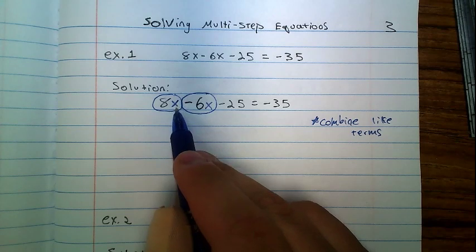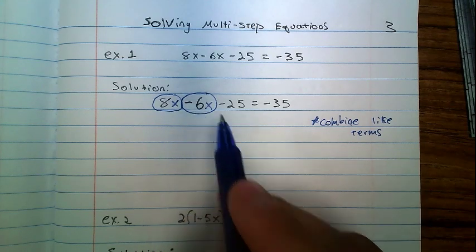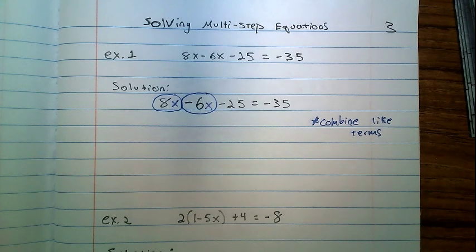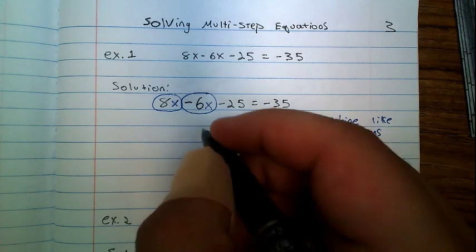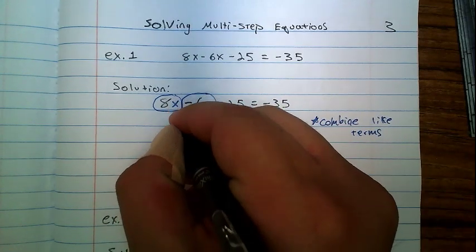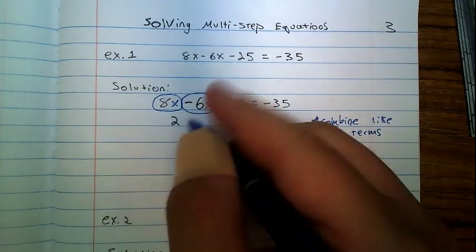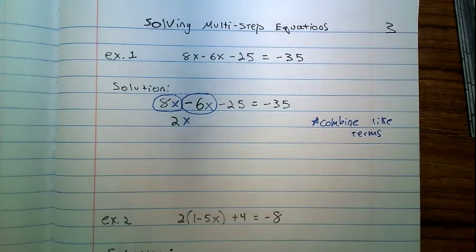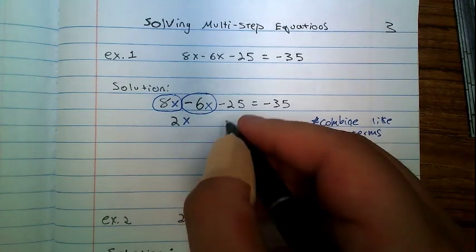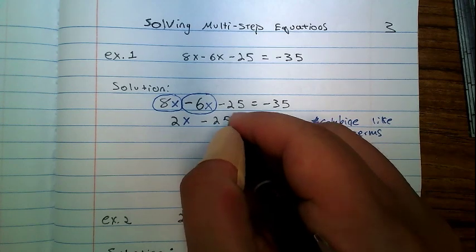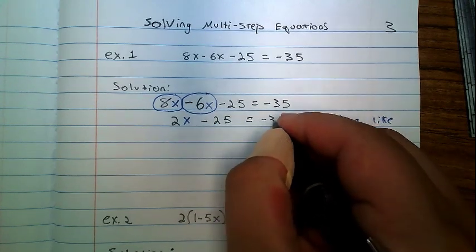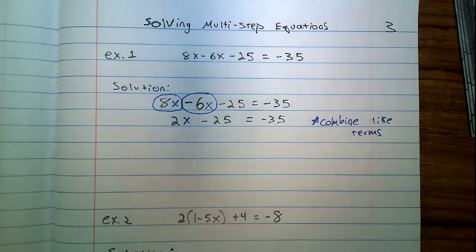So our first step was combining these two, 8x minus 6x, or 8x and negative 6x. That's going to leave us with a positive 2x minus 25 equals negative 35. So there's one step. Now, I also have another step, right?